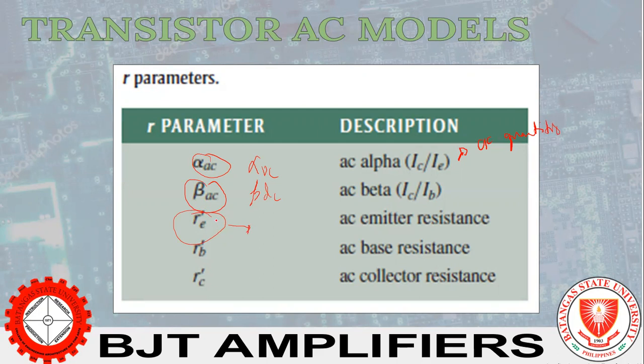Okay? So, yun po ang makakatandaan. What is the r parameters? Kanina pa tayo nagsasalita ng mga re prime, rb prime, rc prime. So, r parameter model for a BJT. Ito po yun, yung table 6.1.